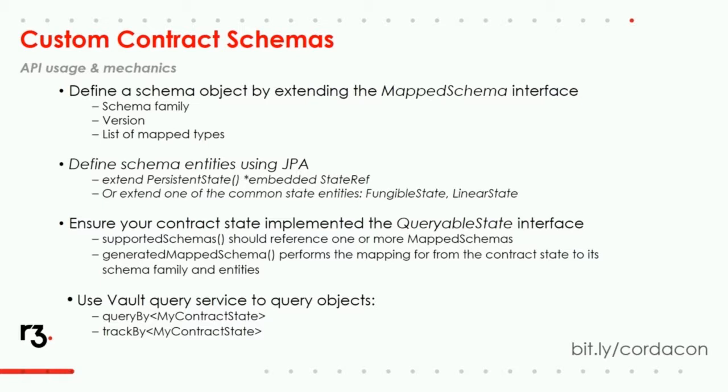That method provides the logic that says these attributes from my contract state get mapped to these entity attributes in my relational table. Once that's done, you can then use the contract objects as you would. Those custom schemas will be persisted in the database when you use flows to record transactions. And then you can do queries using my contract state and all the derivatives of that.